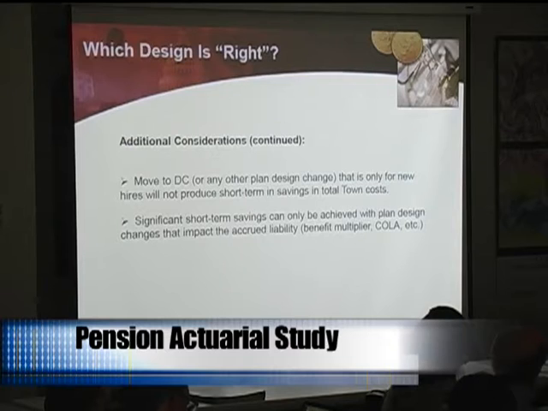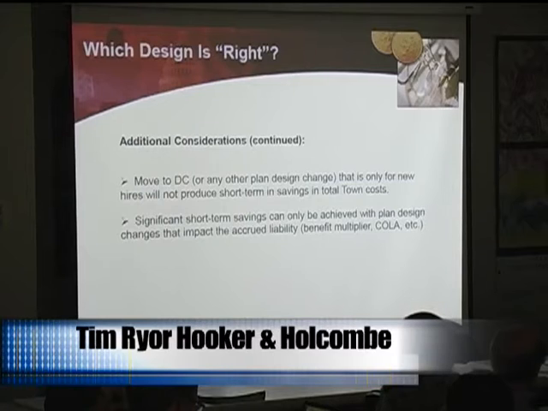If new hires don't have accrued liability, so if you do something that only affects new hires, you're not really affecting that component of the cost of your plan. So significant short-term savings can only be achieved when plan design changes impact the current group of covered employees, benefit multiplier, COLA, et cetera. And obviously there's restrictions on that.